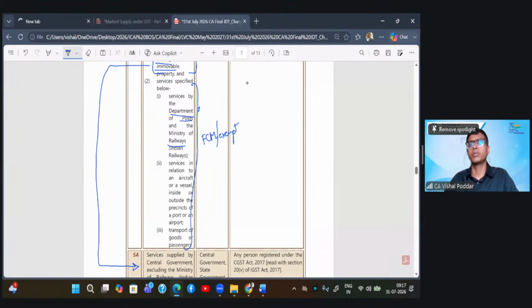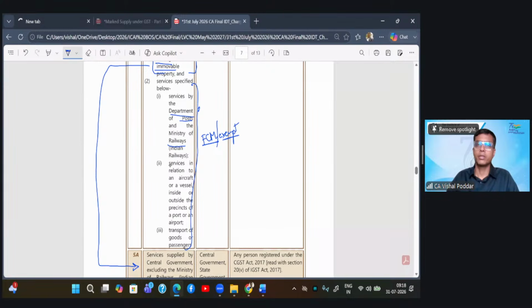So certain services of post office railways are exempt. Other than that, whatever services they are giving, like when you are traveling by railway, if it is not an AC coach, then it is exempt. If it is AC coach, the tax is paid by the railways by collecting it from you, that is under FCM. So they have excluded these services because these services are either exempt or they are covered in the FCM.